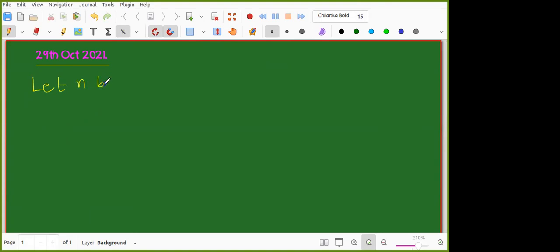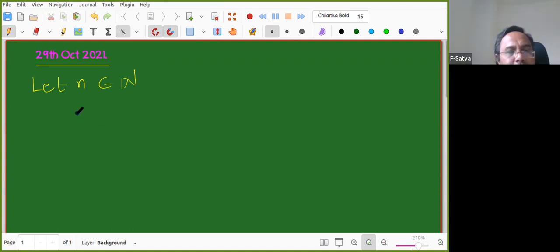Let n be a positive integer, so n belongs to N. Then we are looking at the numbers a1, a2, up to a_phi(n), which are the numbers relatively prime to n.